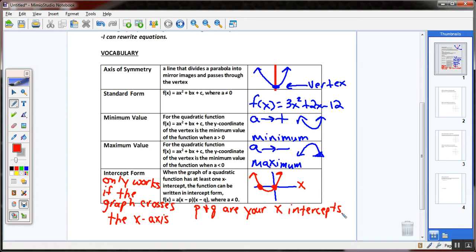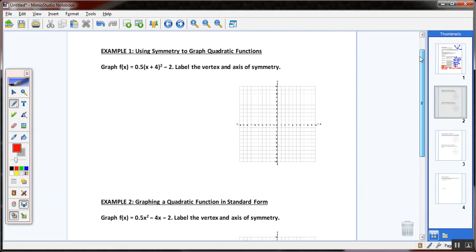Anybody need more time on vocab? Again, the question: we're trying to figure out what does symmetry do for a graph, okay? So here we go on this. This is really pretty simple. I think that once you get established, you'll really know what's going on.